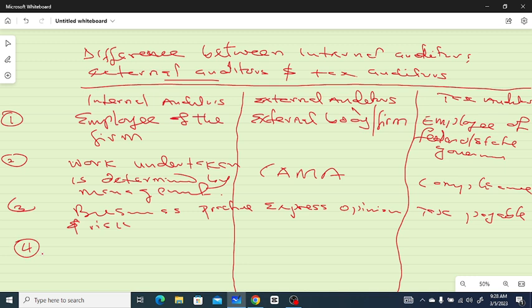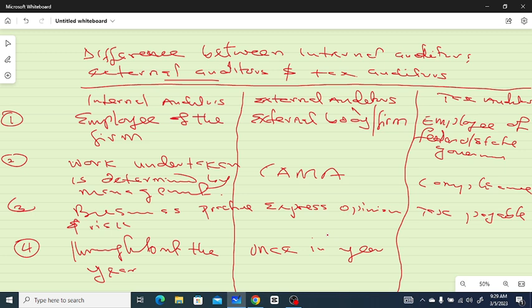Number four, the internal auditor carries out the audit throughout the year. He carries out his exercise throughout the year. Then this one is once in a year.